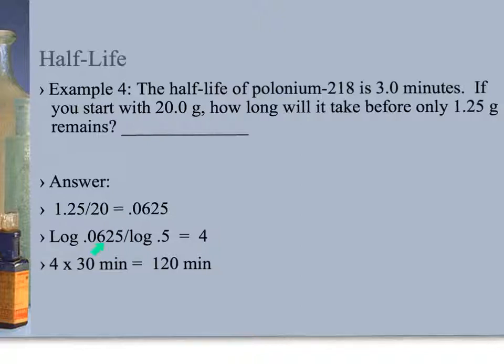We will take the log of 0.0625, divide it by the log of 0.5. Now it's always the log of 0.5 because we're dealing with half-life. This tells us that we have gone through 4 divisions. Each division is 3 minutes long. We take 4 times the 3 minutes, and we should get, and this right here is wrong, it should be 12 minutes.